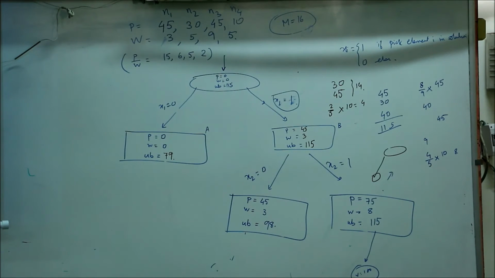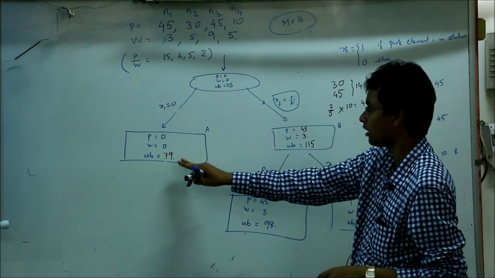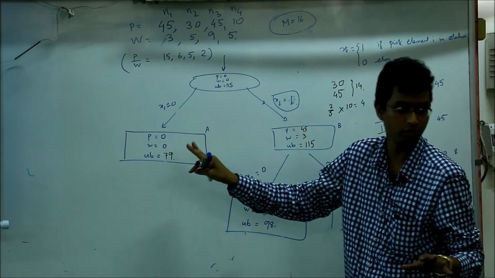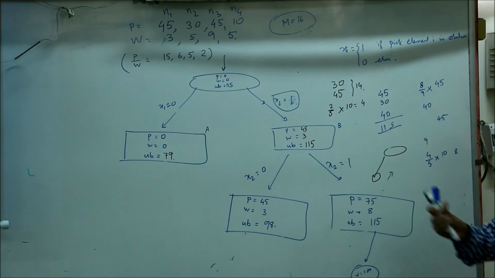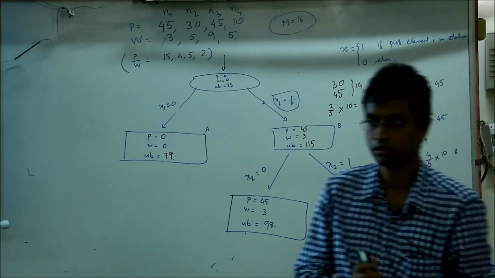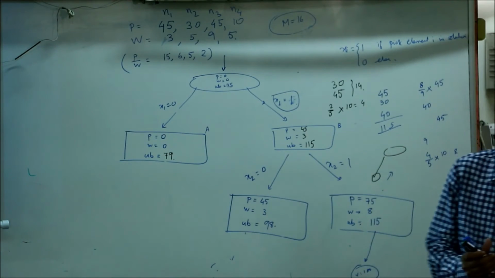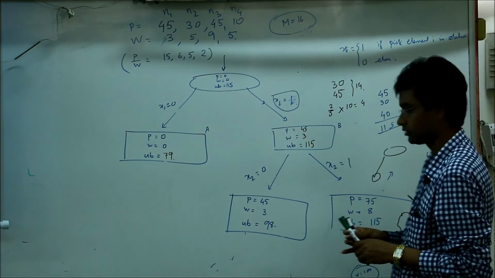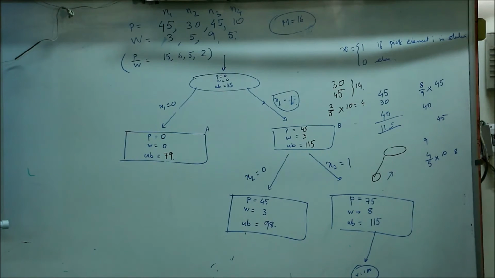Ideally you should have visited all the paths to get the global optimum, but keeping this upper bound helps me keep track of the maximum value which the subtree can provide for every node. Not just feasibility, but what will take me towards a better solution. So you can get rid of some branches which we are guaranteed will not take me to a better solution. So that's the idea of branch and bound.